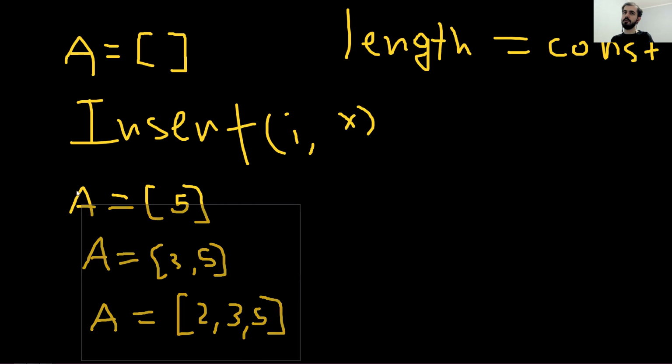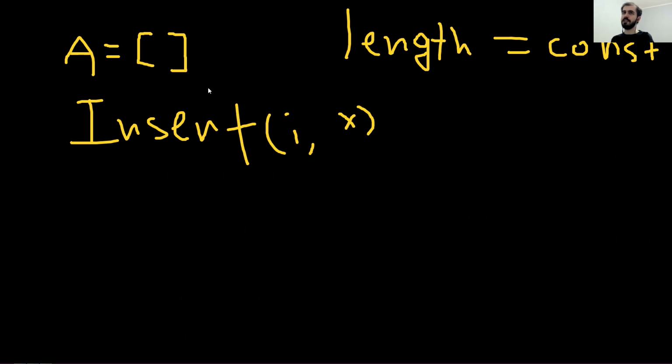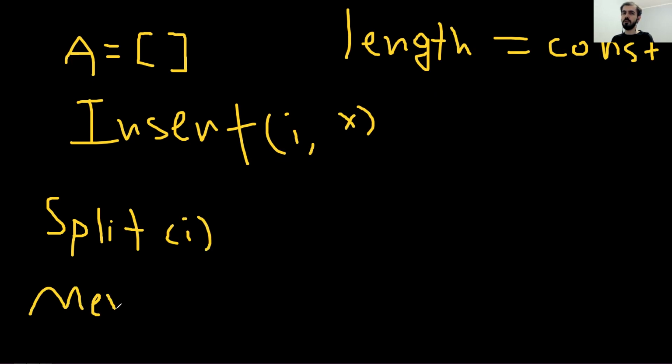Instead of thinking about it as a segment tree, you want two operations which are split by index and merge of the left and right parts. Here you will have left and right parts come out of the split operation.